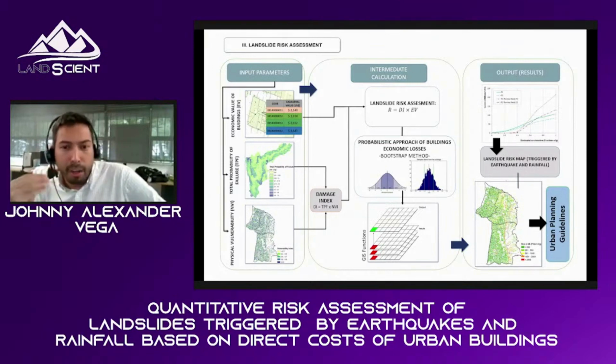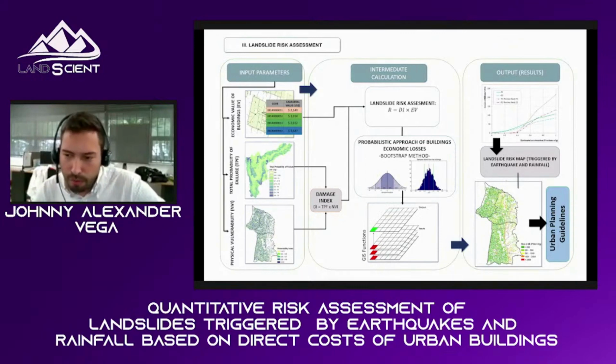The economic losses for the building damage were calculated using a statistical method, specifically the bootstrapping method. With this method, we can obtain different risk scenarios and different risk maps of the study zone.